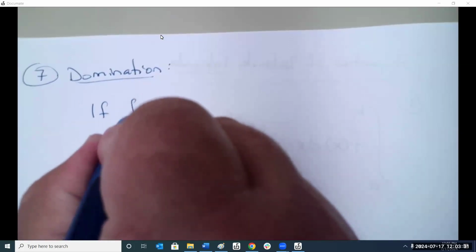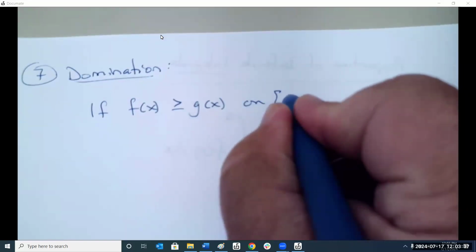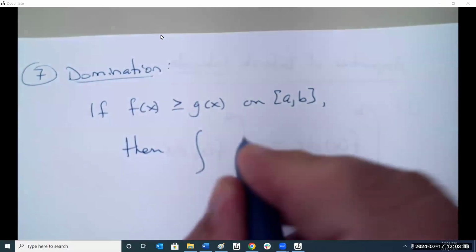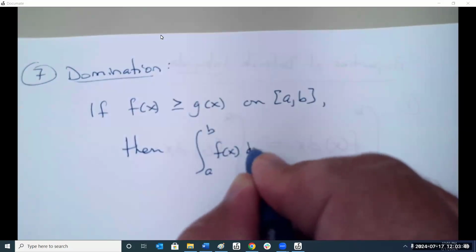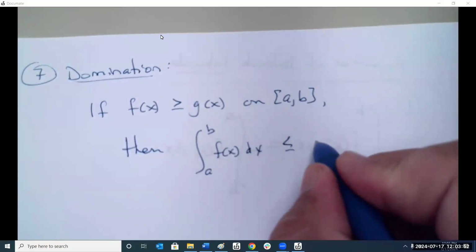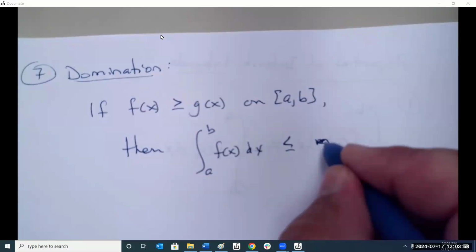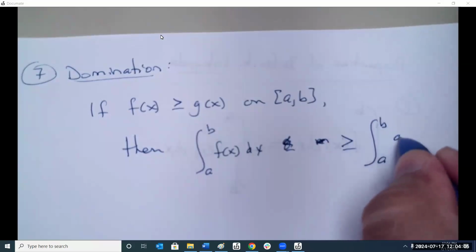And the last one is called domination. If f of x is bigger than g of x on our closed interval, then the integral of f of x from a to b will be greater than or equal to the integral from a to b of the other function.